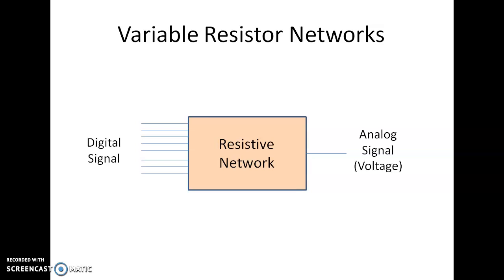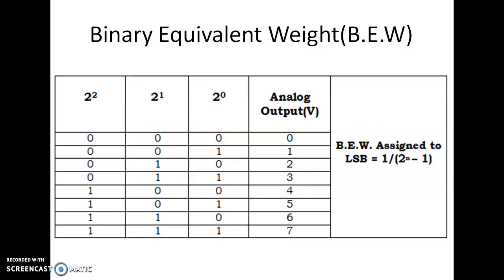Here we call it the binary equivalent weight, or BEW. Consider the truth table here. There are 8 possible 3-bit binary signals, and each of them is to be converted into an equivalent analog signal.